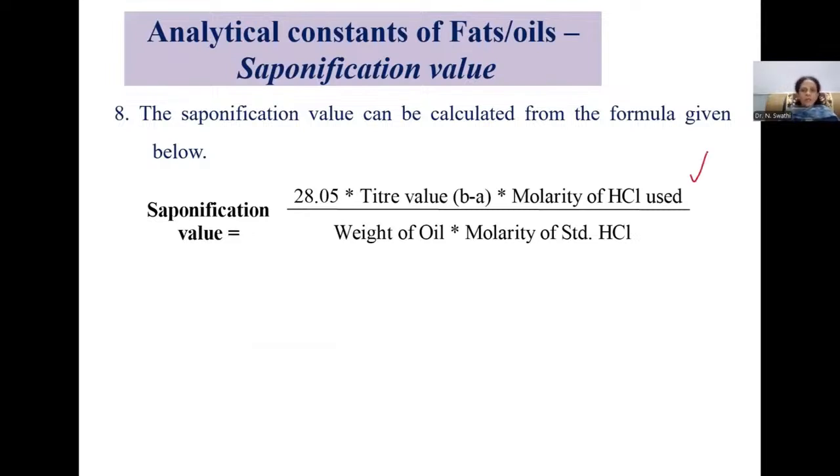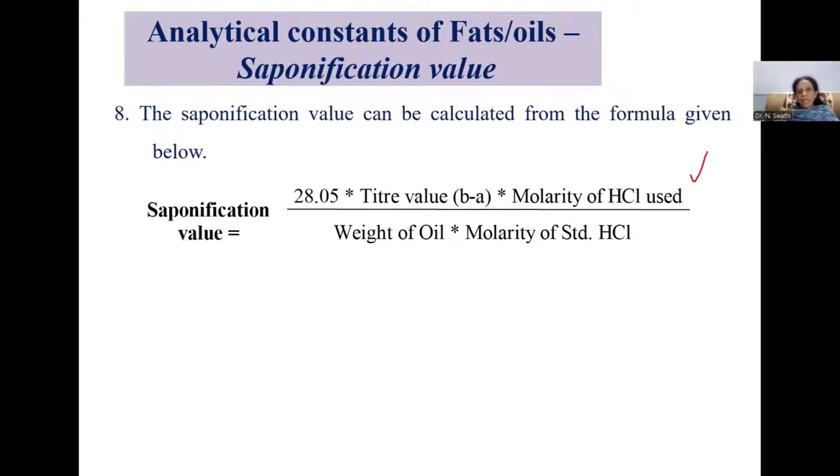So again, students, here also two molarity terms are used, one in the numerator and another in the denominator. Because hydrochloric acid is a secondary standard, whenever we use hydrochloric acid in titrations, along with the determination of saponification value, you have to perform the standardization of hydrochloric acid also.